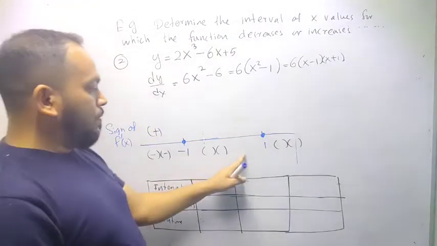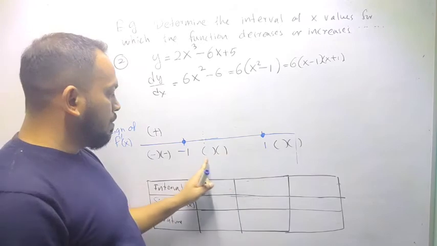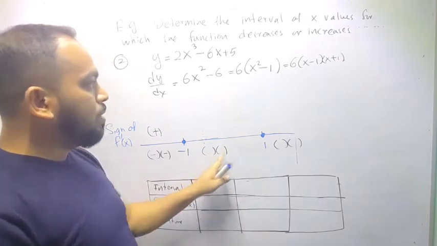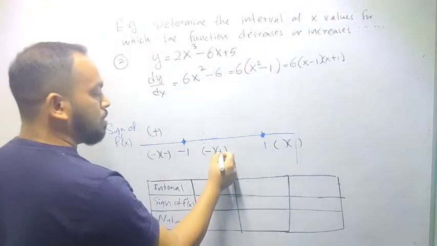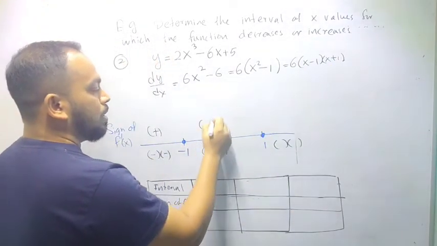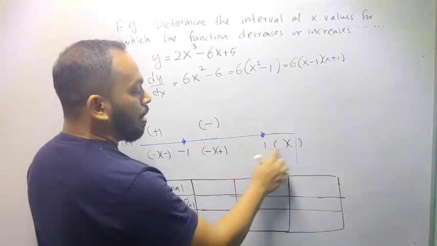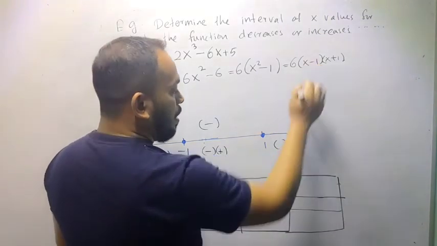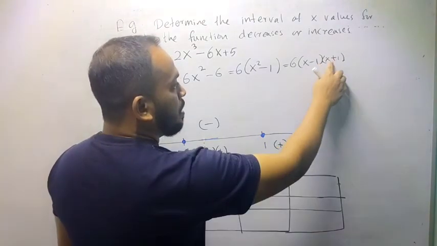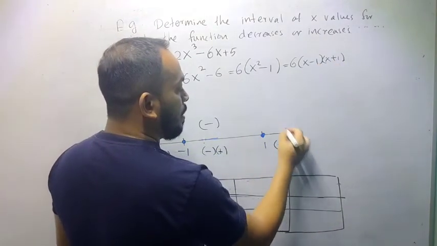Then a value in this interval. So the base number is 0. If you put 0 here, this is negative. If you put 0 here, this is positive. So this would be negative. Greater than 1, let's take 2. With x equal to 2, this is plus. With x equal to 2, this is plus.